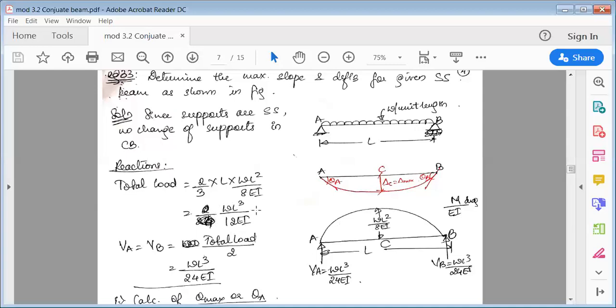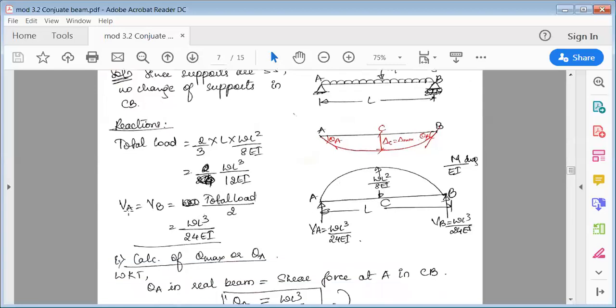Now this wL³ by 12EI gets distributed equally because it is symmetrical. It gets equally distributed at A and at B. So VA and VB would be the total downward load, which will be split into 2. So I'll divide it by 2.